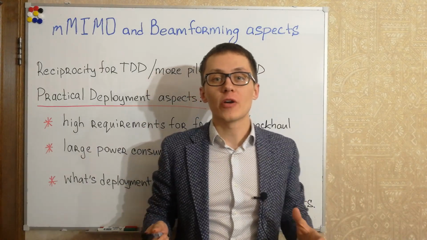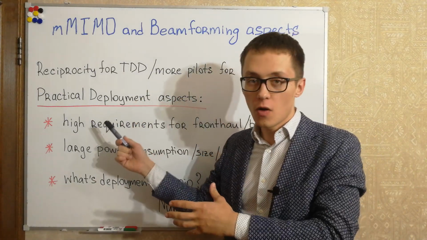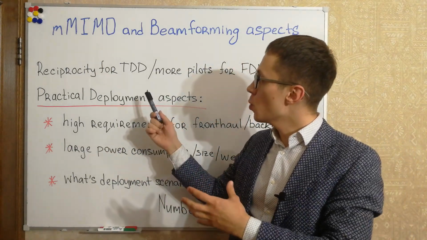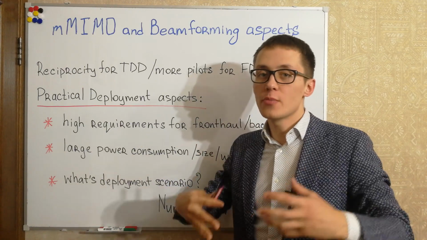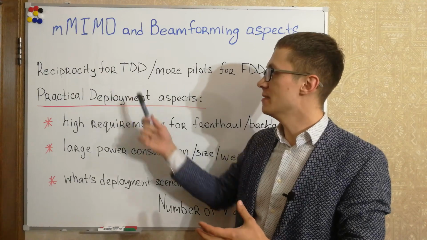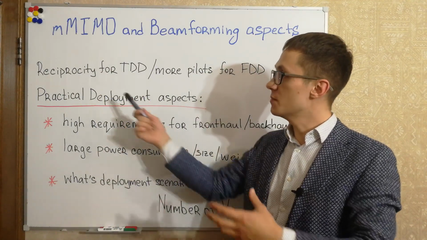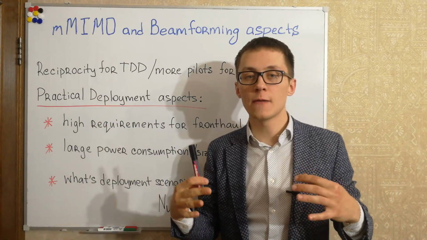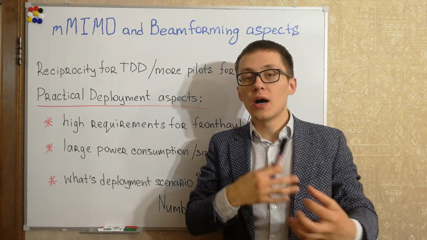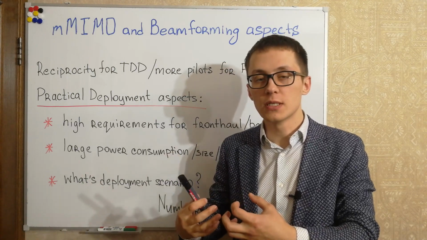Okay, and now let's talk about TDD and FDD aspects, and also let's talk about deployment aspects. So first of all, I would like to say that Massive MIMO and beamforming are very suitable for TDD mode, because in TDD mode we can have reciprocity. Reciprocity is when we can estimate the downlink channel by using signals from the uplink from user equipment.